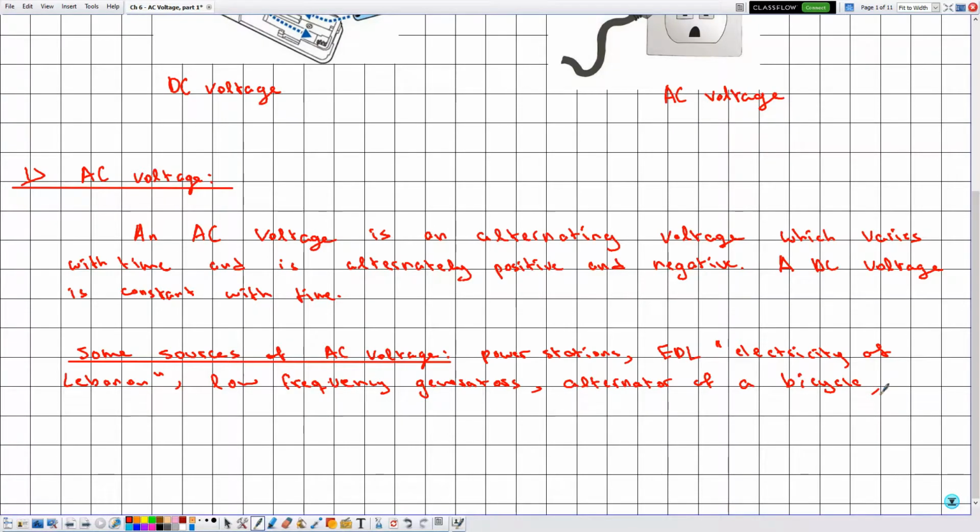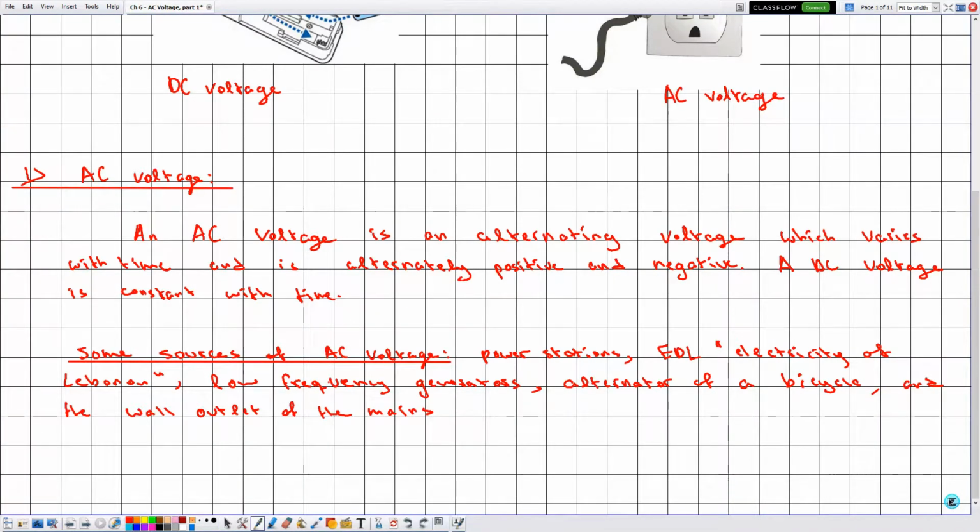And the wall outlet of the mains. All of these provide AC voltage.